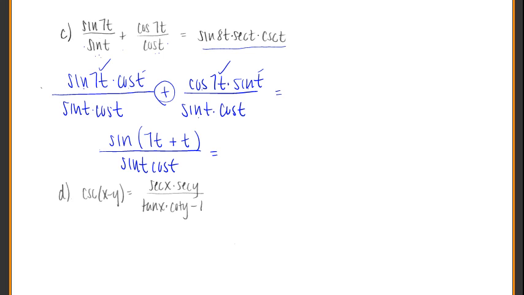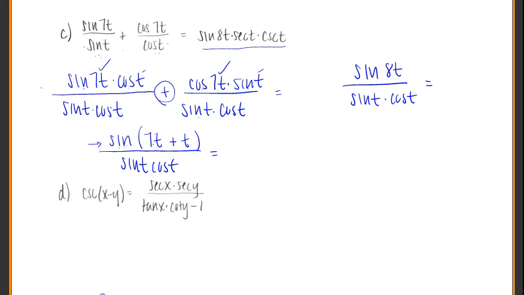And again, if you want to expand it from here, it's the sine of the first, cosine of the second, plus the cosine of the first and sine of the second. And you've got that whole top written out right there for you. So this makes together a sine of 8t in the top over a sine of t times a cosine of t.